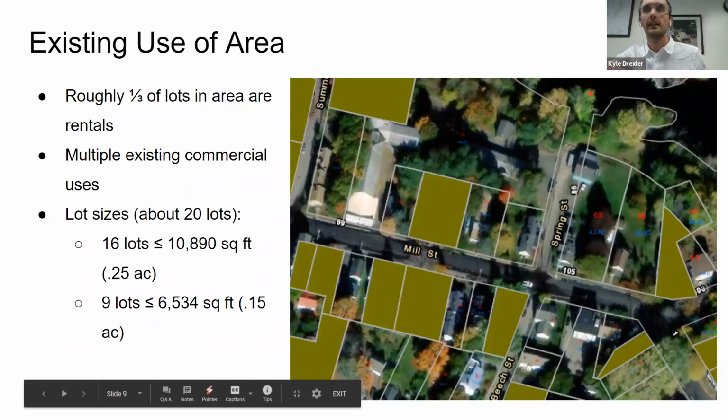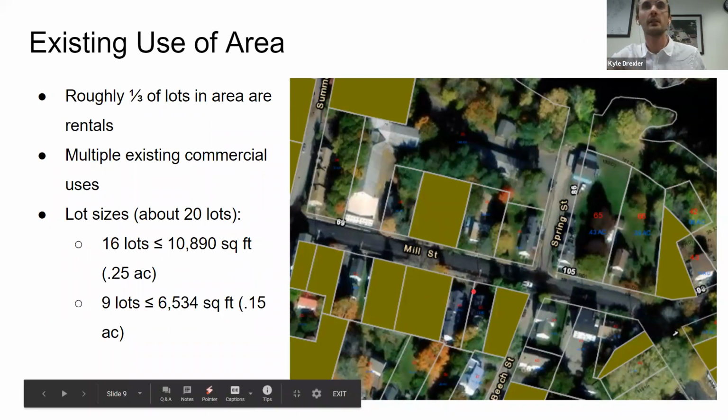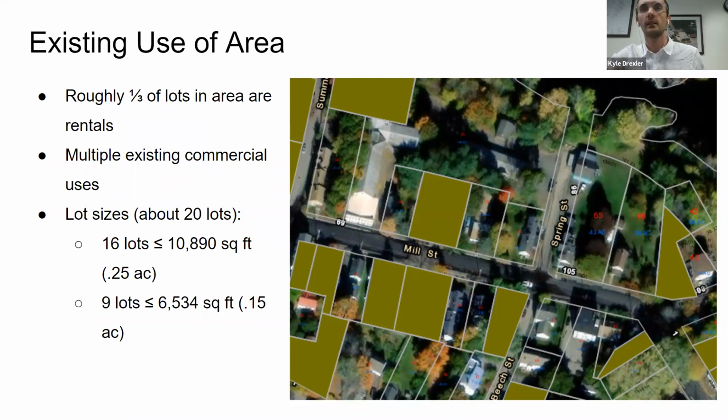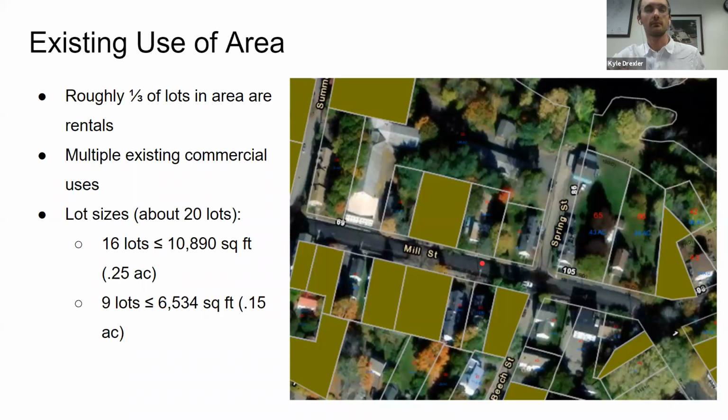So next slide is kind of showing you the existing use on this corridor. I think it's useful to see that this area, although it's in the medium density residential district, is not just owner-occupied single-family homes.